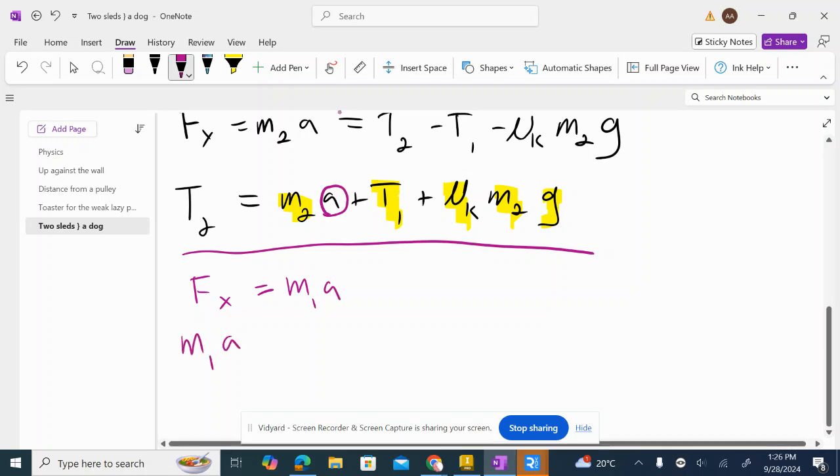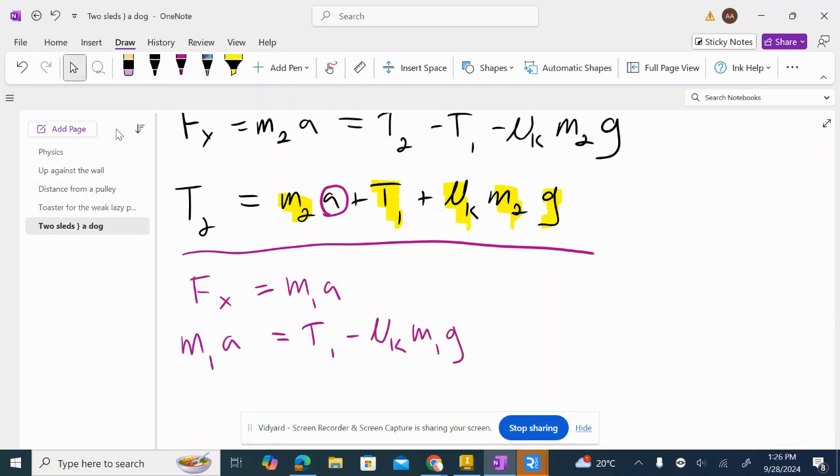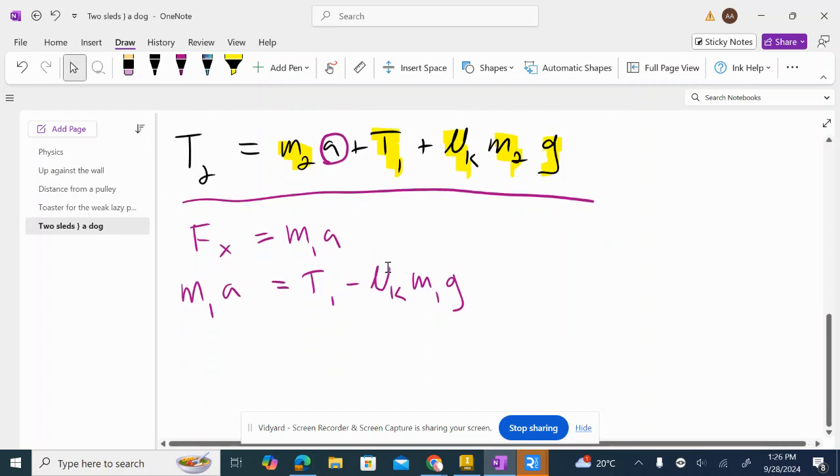M1a becomes equal to T1 minus mu k M1g, which we can plug in. If you do that with me right now, we can rearrange for a, and that's going to equal T1 minus mu k M1g, all of that divided by M1.